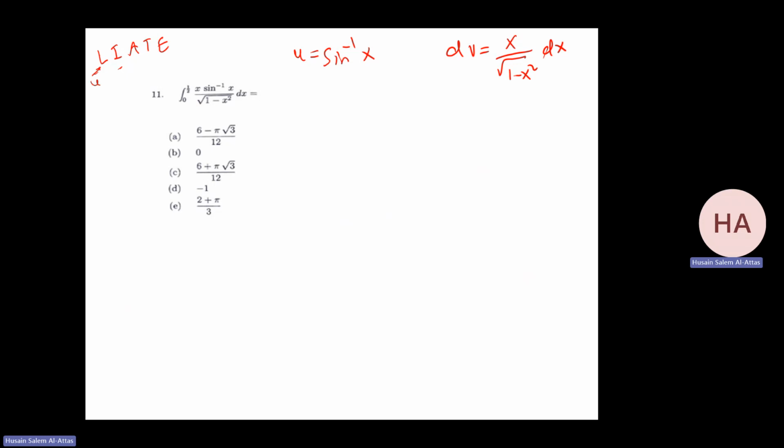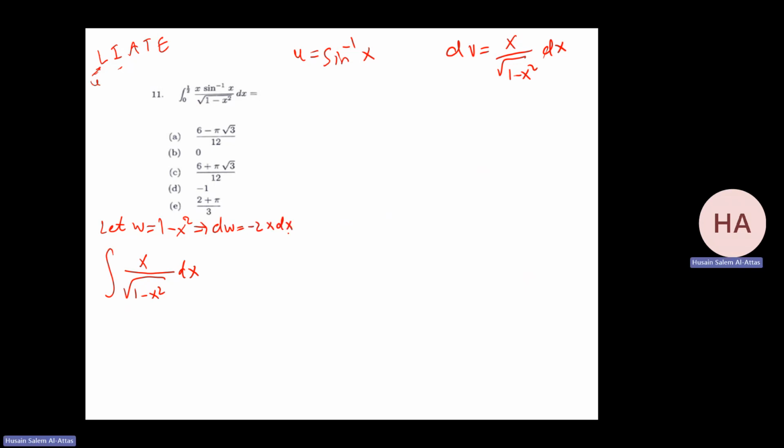I can't find v directly. dv, let me do it here: x over square root 1 minus x squared dx. If I let w be 1 minus x squared, what will be dw?